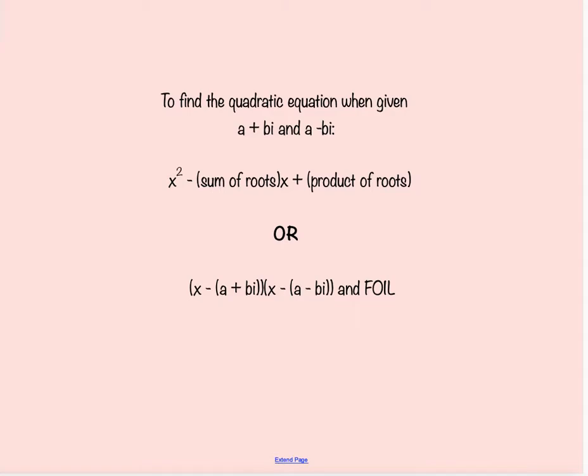Another way to do this is, given that the zeros are a plus bi and a minus bi, you can do x minus each one of those zeros. And you already know how to do that. So for instance, if you were given x equals 2 as a zero, and the other zero is x equals a negative 4, you would write this out as x minus 2 and x minus a negative 4.